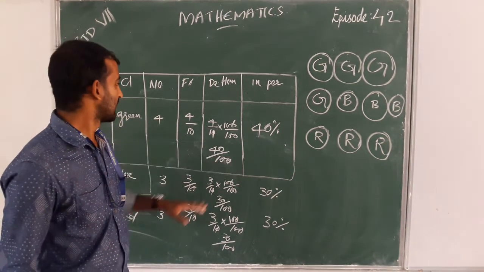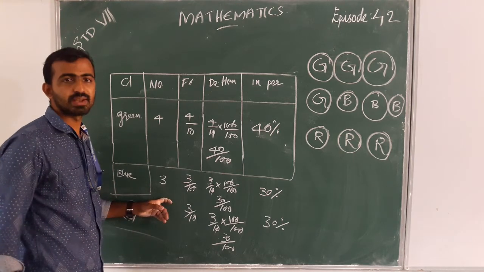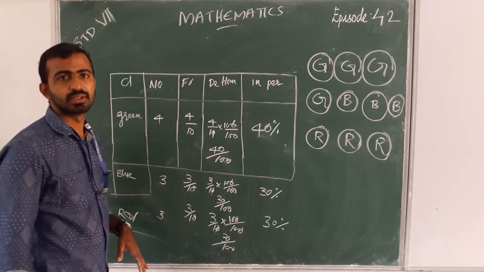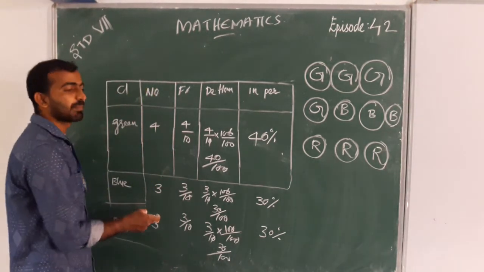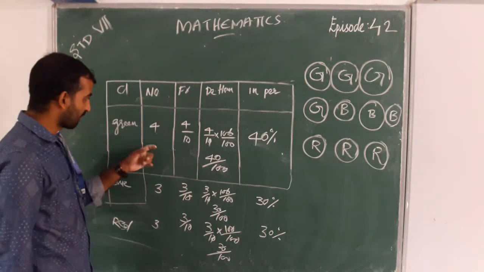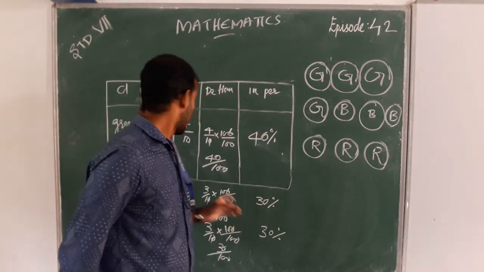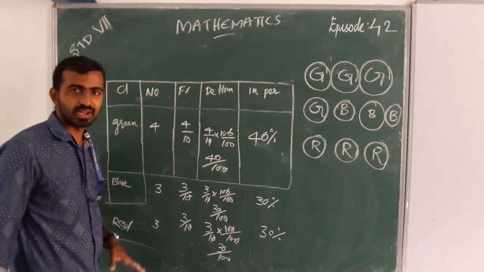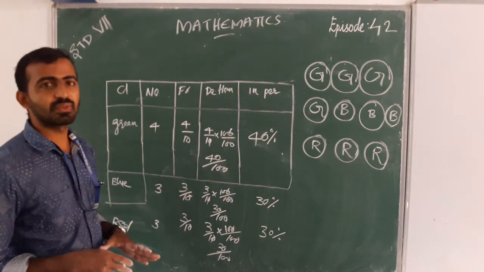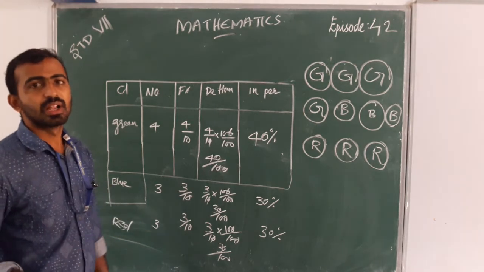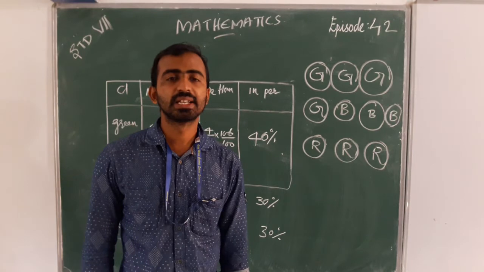Is it? Yes. Here also when we add 4 plus 3, 7. 7 plus 3, 10. In the question, they already told that the total number of chips is 10.